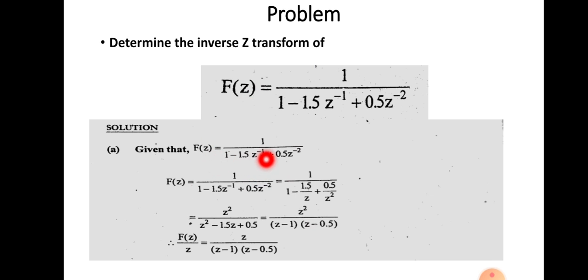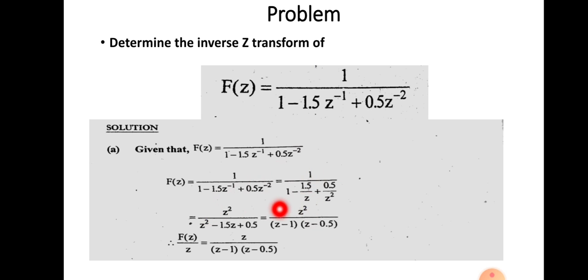So when you look at the denominator side, you can rearrange this as 1 by 1 minus 1.5 into z inverse, that is 1 by z, so you can write it as 1.5 by z plus 0.5 z raised to minus 2, that is 0.5 by z square. You can multiply the denominator terms and rearrange this equation.